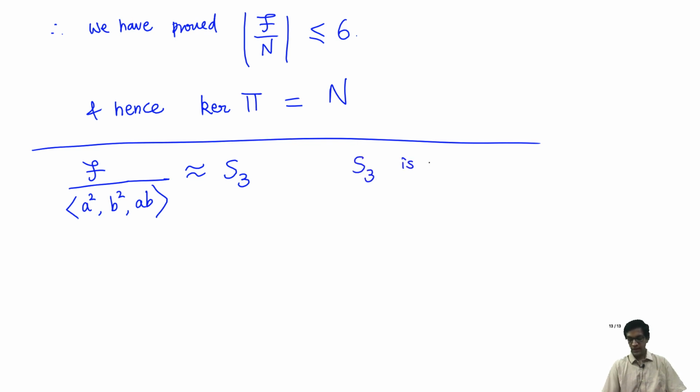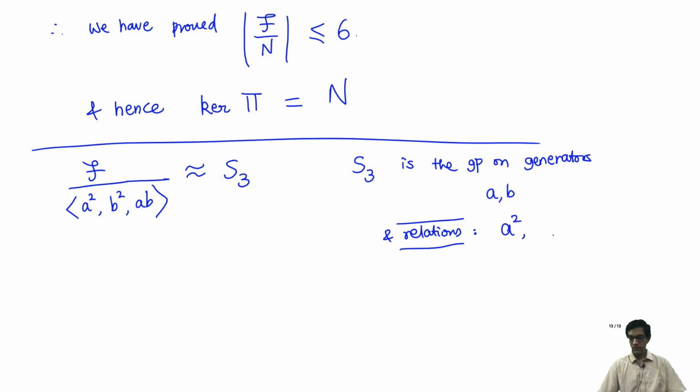We say S3 is the group on the generators, so S3 has 2 generators, A and B, and relations. Relations is the new word here, which says what's in the kernel: A squared, B squared and AB whole cubed. Sorry, this should be A cubed here.